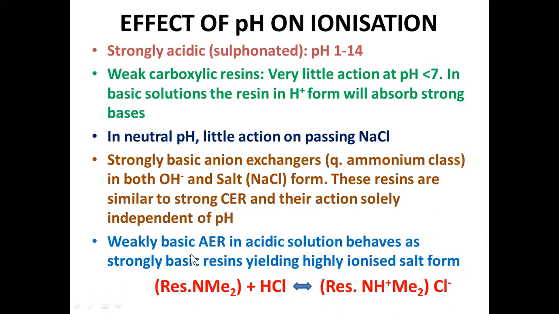If you are using weakly basic resins, you have to maintain an acidic medium in order to convert the resins into the exchangeable form. Otherwise, effective functioning cannot be expected. So this is the effect of pH on the ionization of the resins, so that free ions exist in the stationary phase of the ion exchange resin, and the ion exchange equilibrium can be achieved to a better extent.